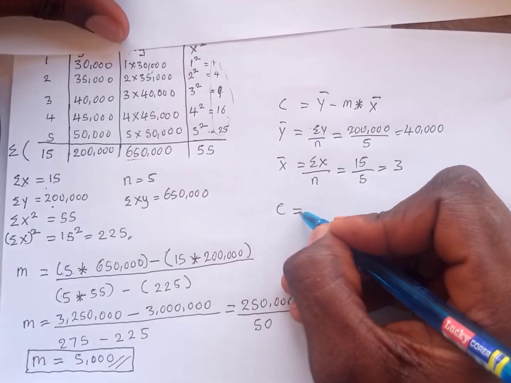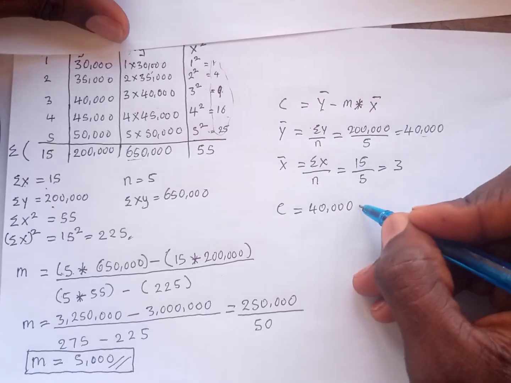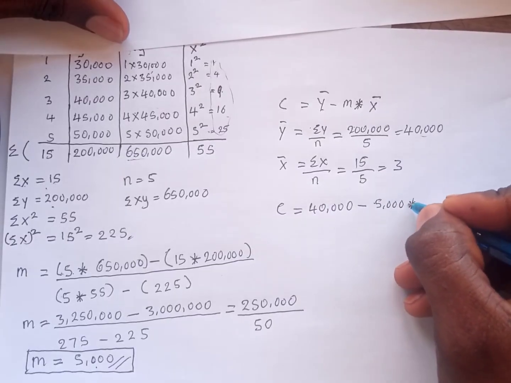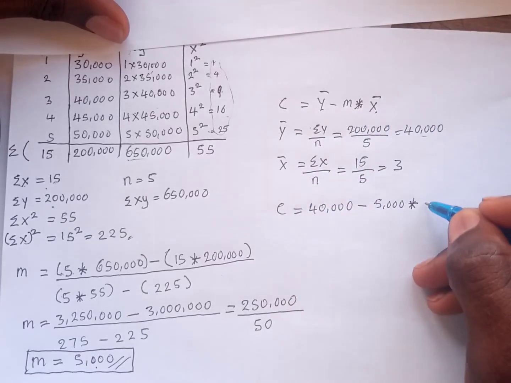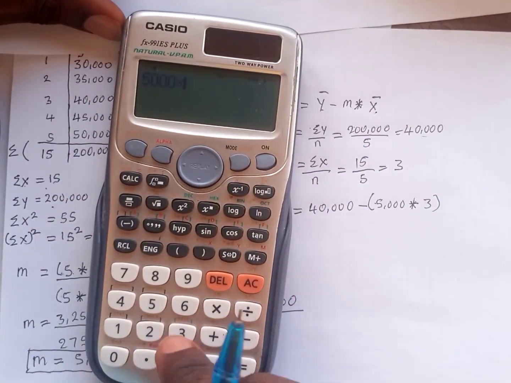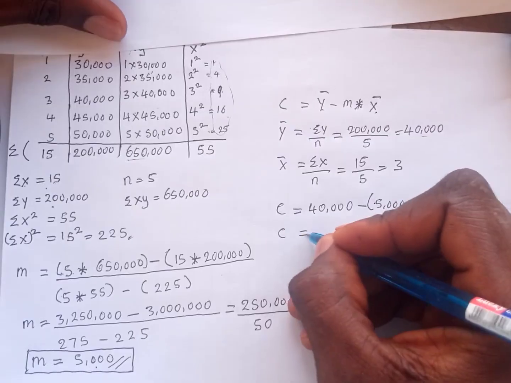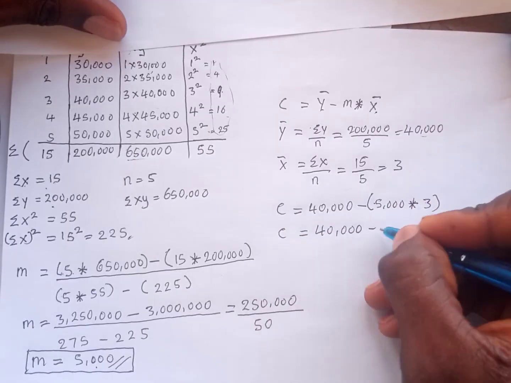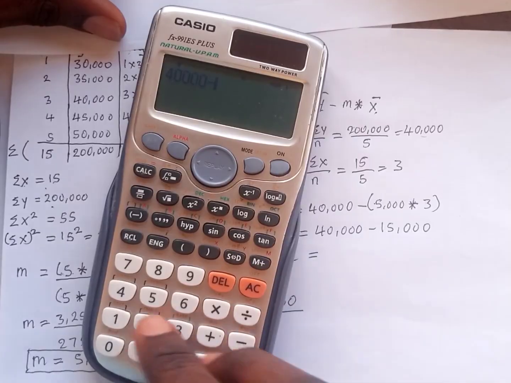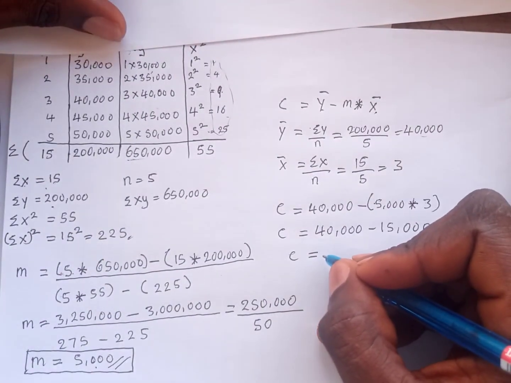So with this, we can say that our c is y bar, which is 40,000, minus m, which we have gotten to be 5,000, times x bar, because this is the formula that we have here. 5,000 times 3 gives us 15,000. So c equals 40,000 minus 15,000, which should give us 25,000.